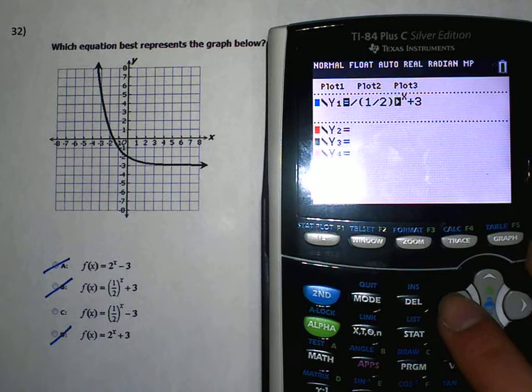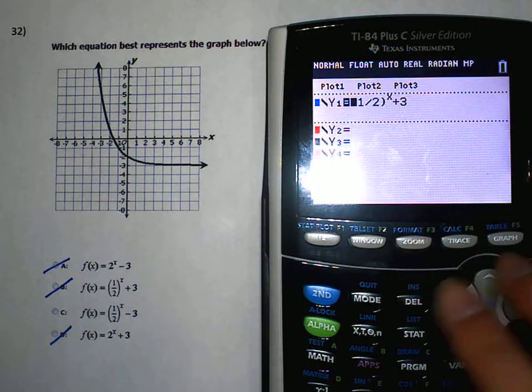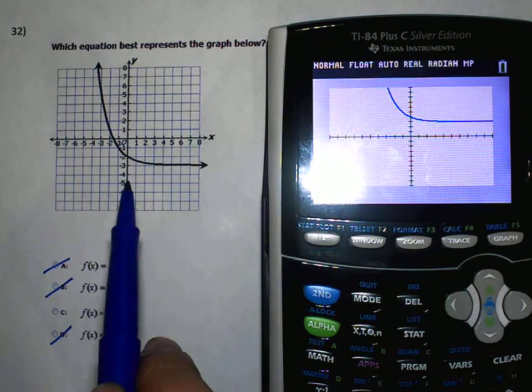Oh, I need to go ahead and delete that extra 1/2. All right, let's graph it. Okay, it's sloping down, but it's not evening out where the one on paper is.